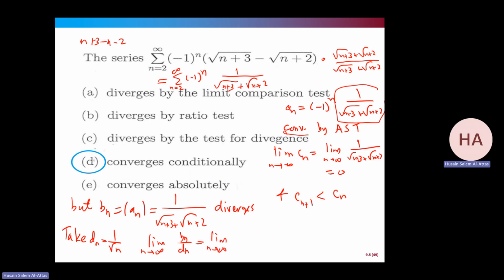I will do the limit comparison test. It diverges by the limit comparison test.